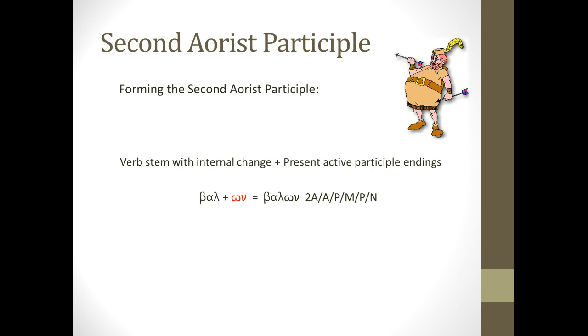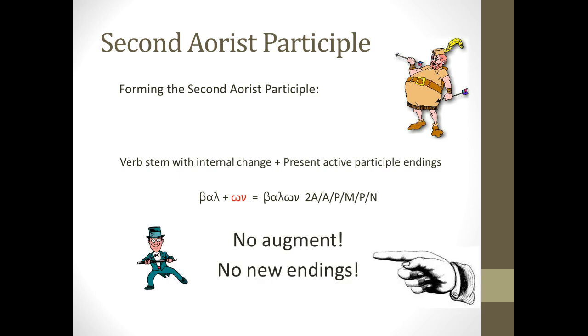Excuse me, I said plural; it should be singular nominative. The good news is there are no augments with the second aorist, just as there are none for the first aorist, and there are no new endings to learn. If you learned your present tense participle endings, then you already know them for the second aorist participles. All you need to do is take the second aorist verbs that you learned and plug them into that present tense paradigm.